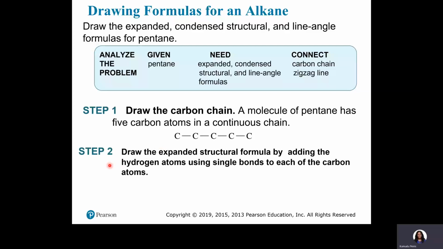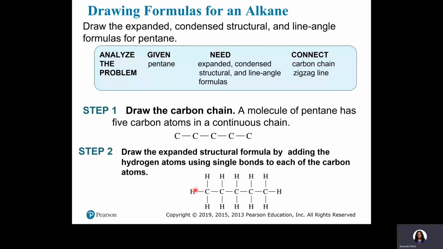Next, I am going to expand this structure by adding the hydrogen atoms using single bonds to each of these carbon atoms. A carbon atom in an alkane should have 4 single bonds. So the corner carbon atoms should get 3 hydrogens, and the carbons inside the chain should get 2 hydrogen atoms each.